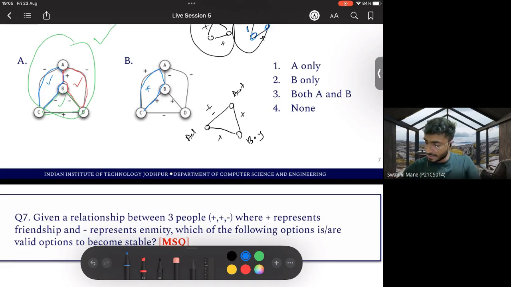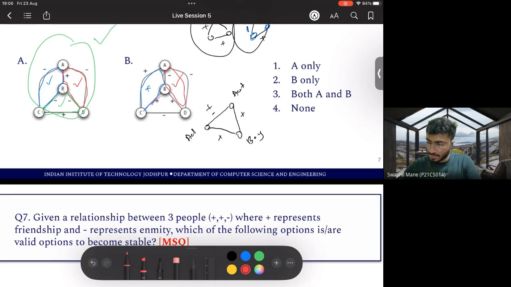Also, let's take another triangle, which is ABD. This one is negative, negative, and positive. Let's recall that example of two employees who have a common boss. That bully boss is bullying the employees, and the employees have a positive relationship between them. So this is structurally balanced, stable.